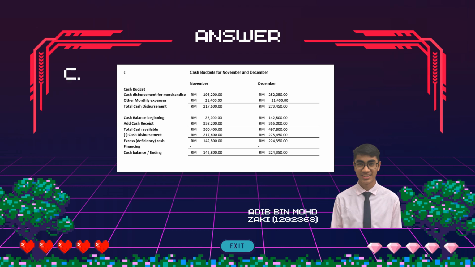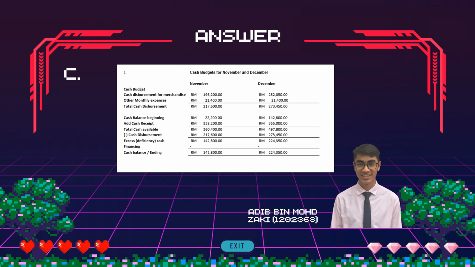Alright, for the calculation of the cash budget, we begin with the cash balance at the beginning of each month. We add the cash receipt, which is from the schedule of expected cash collection, and then we get total cash available, and then we minus the total cash disbursement, which is cash outflow, and lastly we get the excess or deficiency of cash.